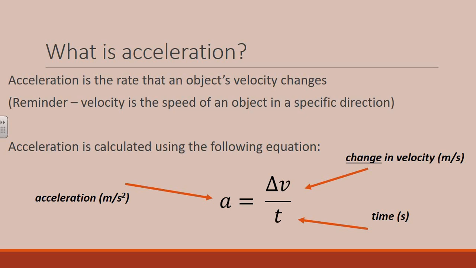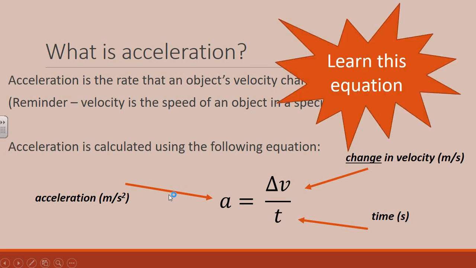You can see that we have seconds above and below the equation, so therefore we end up with a unit of meters per second squared. This is an equation you need to learn. Okay, it's not one that you get given, so you need to remember it. So make sure you've got it clearly labeled in your notes and add it to your formula flashcards and things like that, whatever you use for your revision.